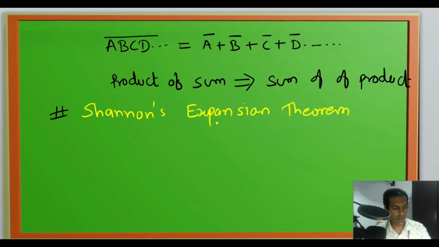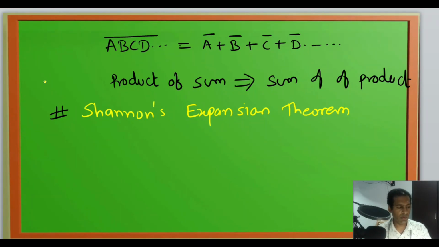Now this theorem states that any switching expression can be decomposed with respect to a variable A into two parts, one containing A and the other containing A bar. This concept is useful in decomposing complex machines into an interconnection of smaller components.